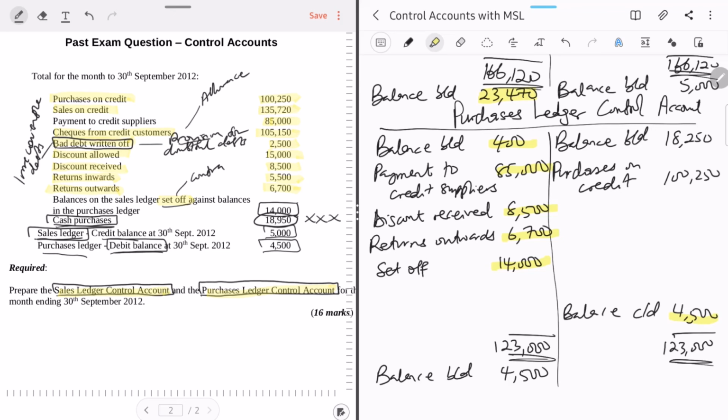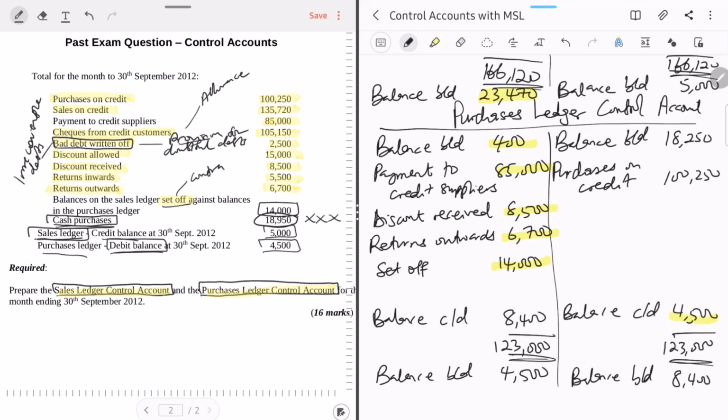So I subtract from my 123,000 and that gives me 8,400. So 8,400 is my balance carried down, which becomes my balance brought down, 8,400 at the end of the period.